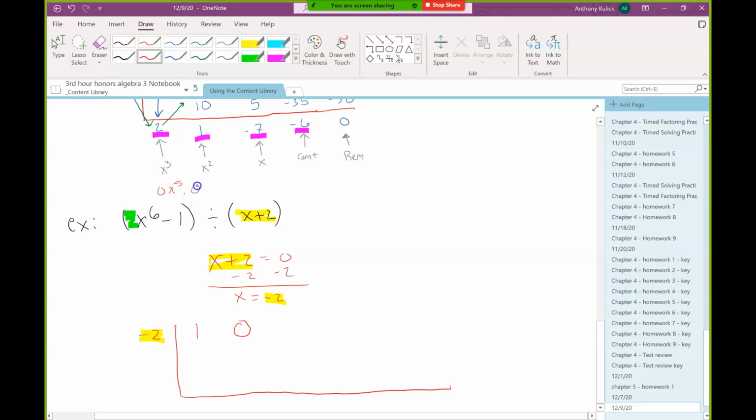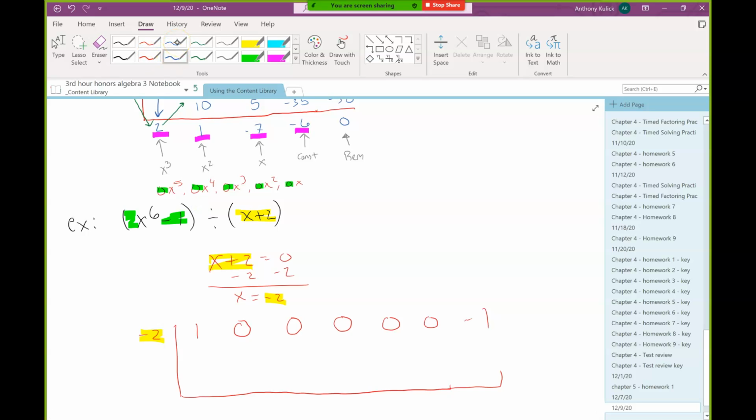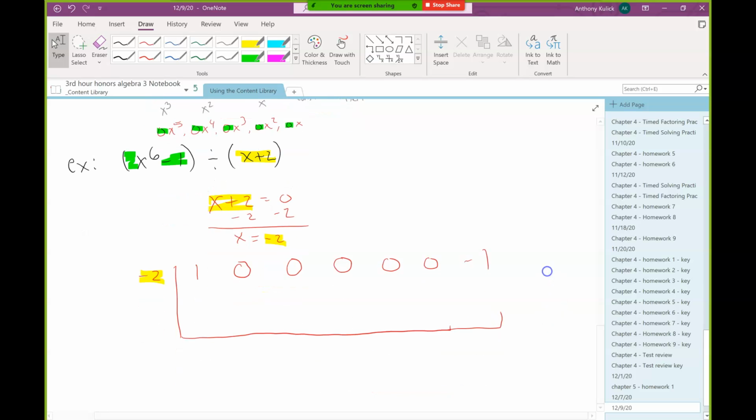Yes. So we're going to need a 0 for all of these. So we're going to need 5 more zeros. Very good. And then the negative 1. Everybody happy there? So there's my setup.